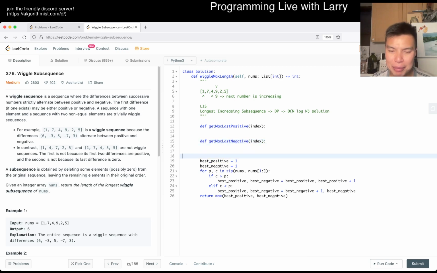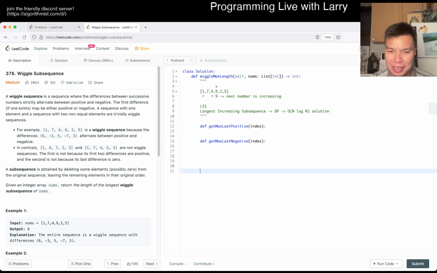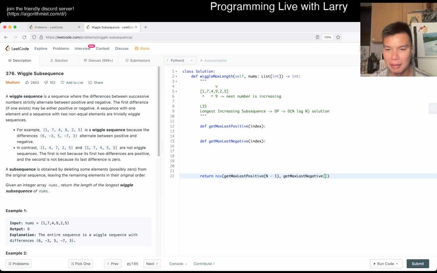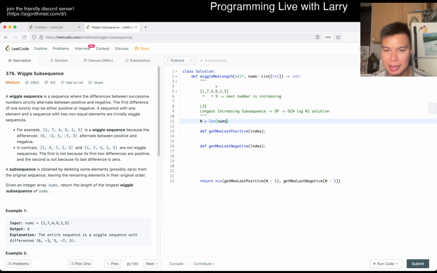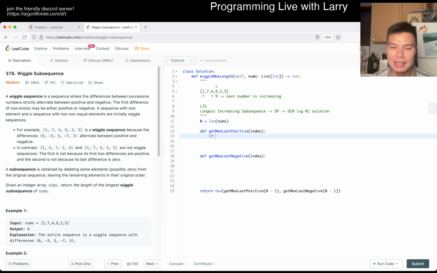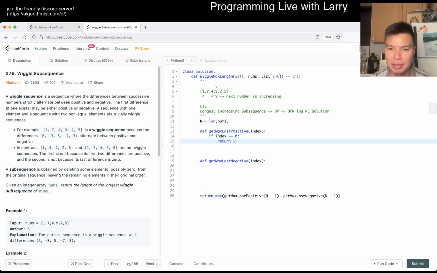Okay, I think I'm going to prove it by code. So now we want to return the max of get max last positive of n minus 1 and get max last negative of n minus 1, where n is equal to the length of nums, obviously. So here, if index is equal to 0, we return 1, right?